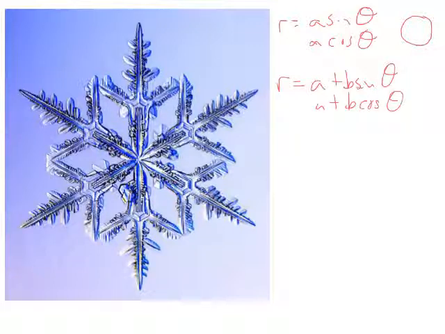And those are going to, depending on the values of a, trace out as a cardioid or a limaçon, or maybe a dimpled limaçon. All right, we'll talk more about it in class.